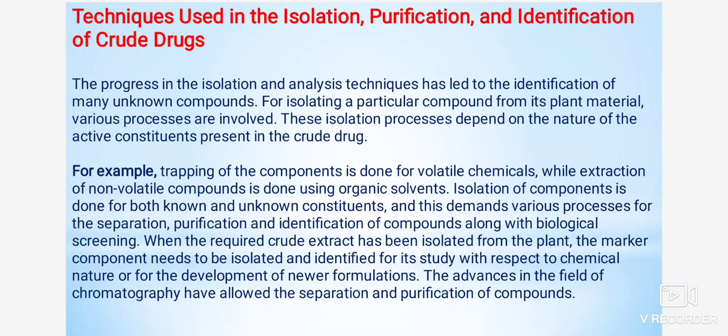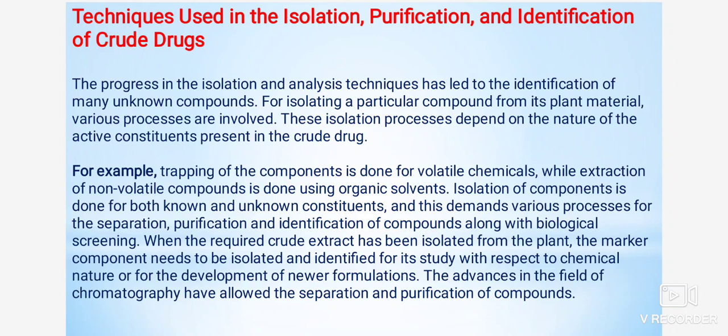For example, trapping of the components is done for volatile chemicals, while extraction of non-volatile compounds is done using organic solvents. Isolation of components is done for both known and unknown constituents, and this demands various processes for the separation, purification and identification of compounds along with biological screening.